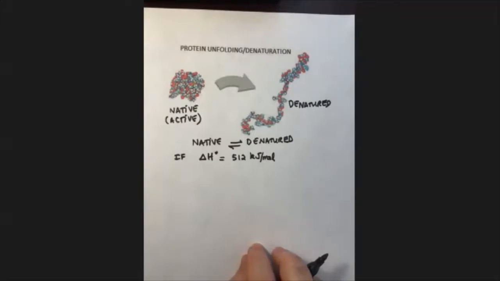So we're not talking about breaking chemical bonds here. In other words, you're not talking in the thousands of kilojoules per mole, but it is fairly significant. And you can imagine why it would be positive, right? It would be positive because you're breaking up interactions that were stable, so you had to pump energy in.